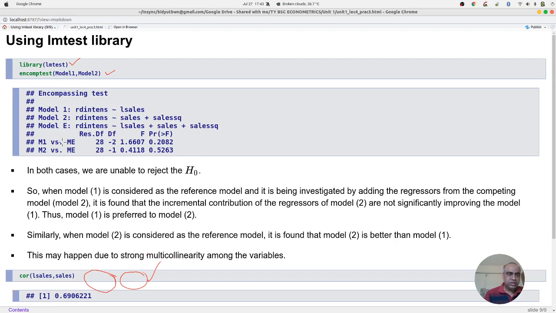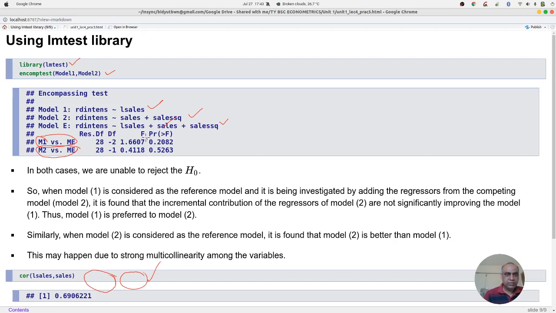Now you see, you will get model 1, RD intense on log of sales, model 2, RD intense on log of sales and sales square, and this is your hybrid or encompassing model, that is RD intense on log sales, sales and sales square. So model 1 will be compared with respect to the encompassing model, and model 2 will be compared with the hybrid or encompassing model.